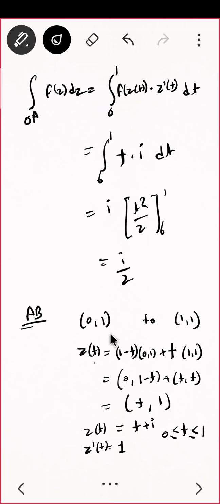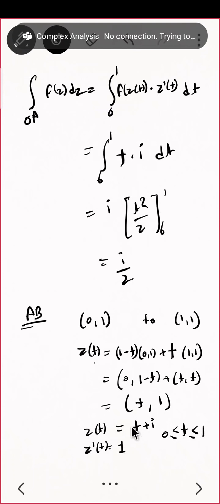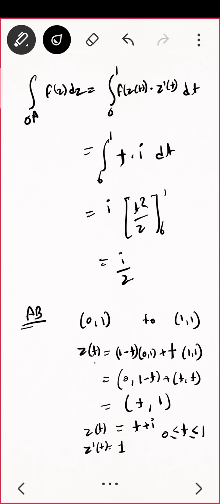Do you agree? This was all about the parameterization, how to parameterize your curve. Once you are done with parameterization, you know how to solve the integration. I'll just quickly repeat once again. This is my first point, this is my second point.